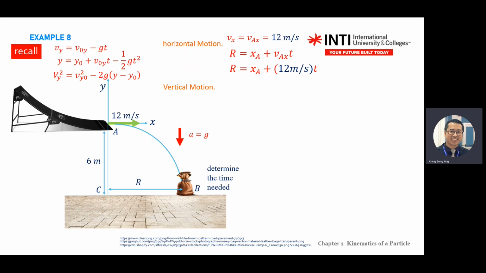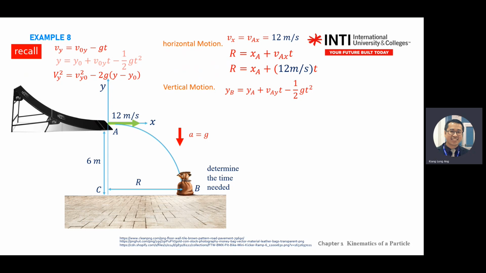Okay, again, go back and review how we developed these 3 equations by substituting the negative G inside the acceleration place. So for the vertical component, I choose the second one. Of course, you can go and choose the first one. You can choose accordingly, but normally these 3 equations will help you.